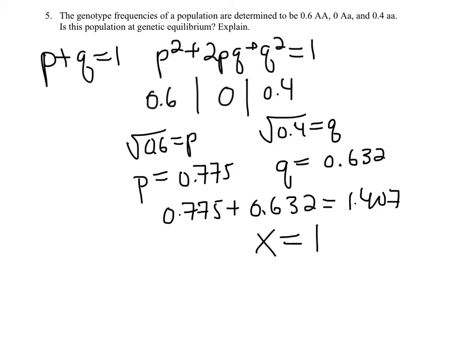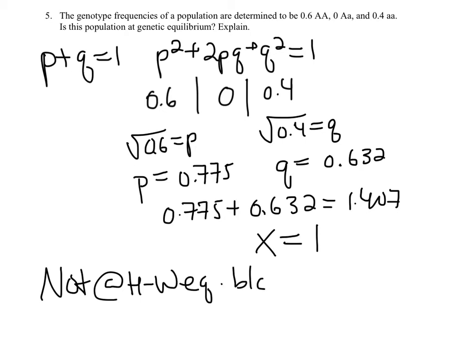So, since it's not equal to 1, that means it's not at Hardy-Weinberg equilibrium, because p plus q is not equal to 1. And you can kind of look and see that it was kind of weird anyway. There's no heterozygotes in the population, which is pretty unexpected considering that there's big A alleles and little a alleles, and they should be mixing at least some.